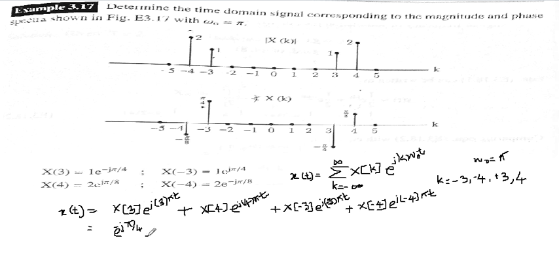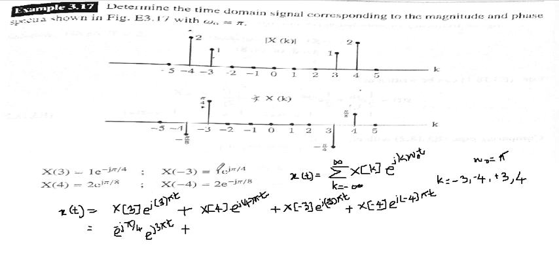Then similarly it is the same thing, e raised to j 3 pi t. And we can notice that with e raised to minus j 3 pi t, when we substitute these values, X of -3 is e raised to j pi by 4. So let's substitute and then we'll recombine.